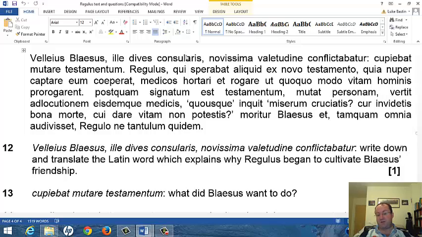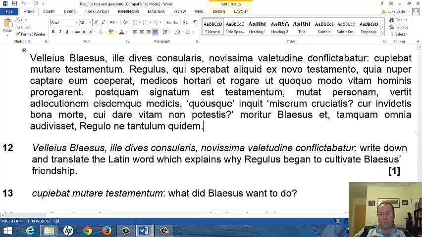You could only, under Roman law, you could only be a consul technically once and for 1 year, although people did break that law. In particular, Julius Caesar, and I think, well, definitely the first emperor, Augustus. I'm sure other people did as well. But Velleius Blaisus, that wealthy former consul, that's what that word means.